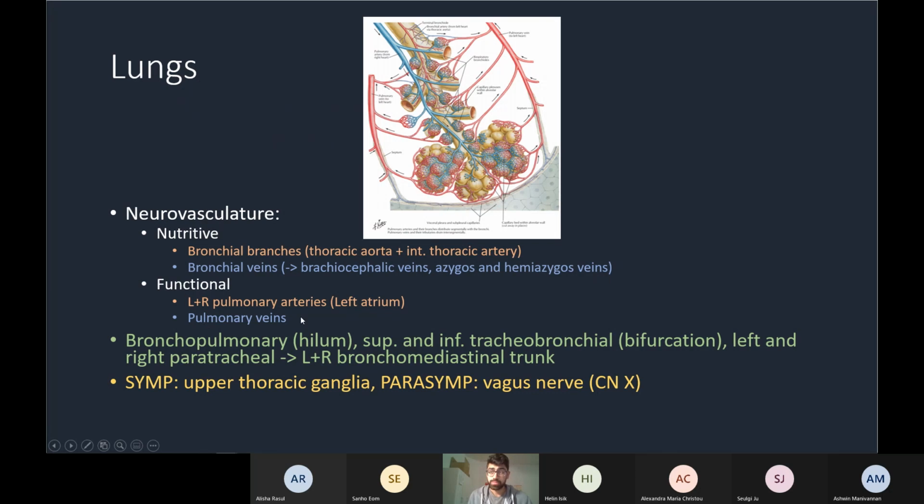In contrast, the deoxygenated blood, which goes from the lungs, is called the pulmonary arteries. So pulmonary arteries empty into the left atrium.